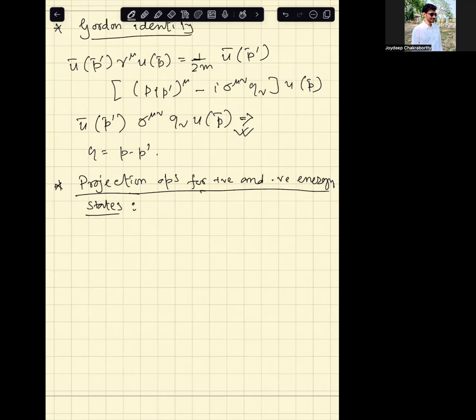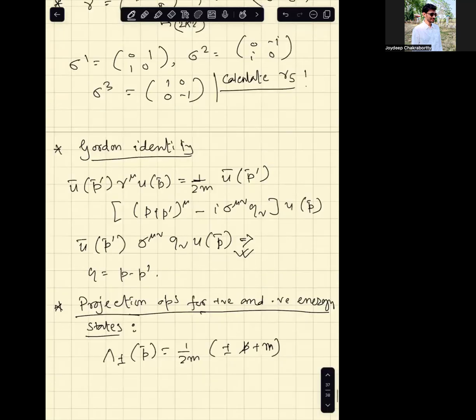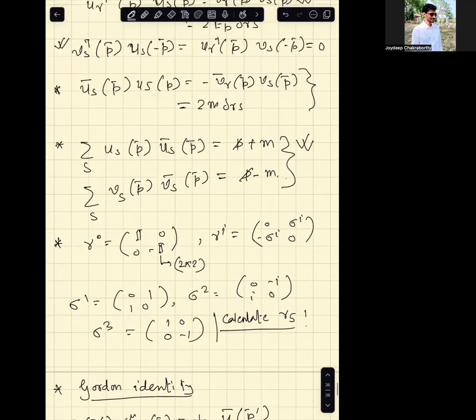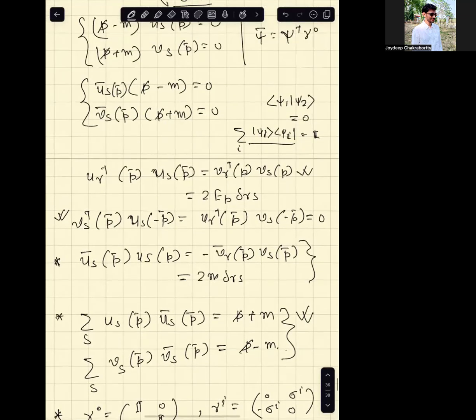So these projection operators are basically defined as lambda plus minus equal to 1 by twice m, (plus minus p slash plus m). We should not be surprised by that, because if you remember, I mentioned that this kind of outer product can be used as a projection operator.